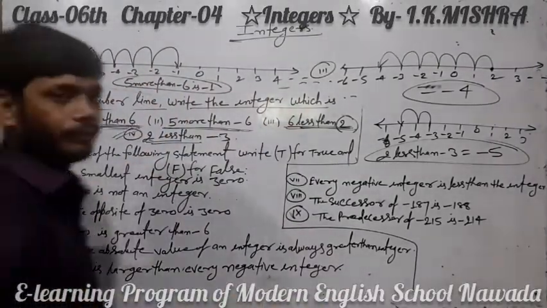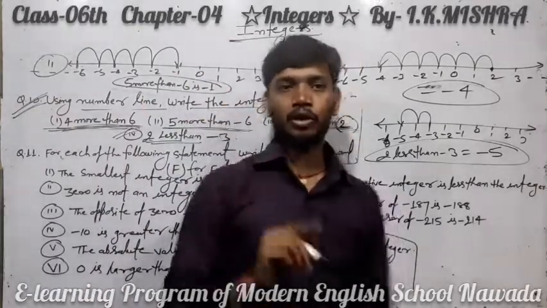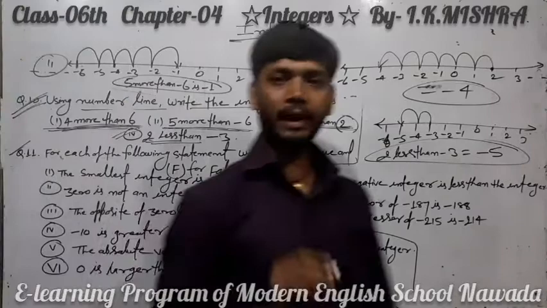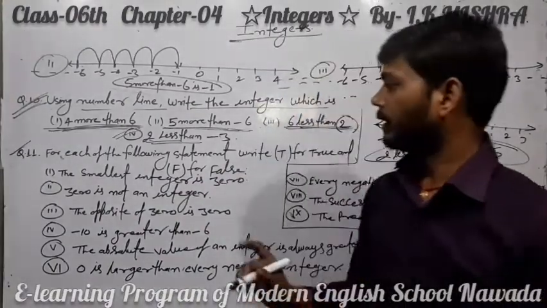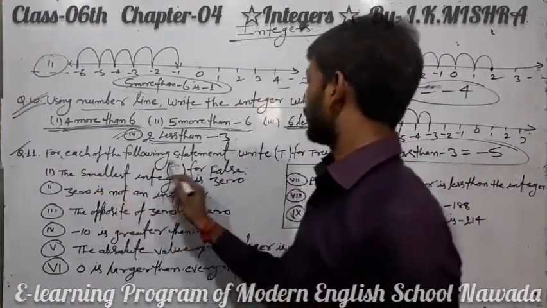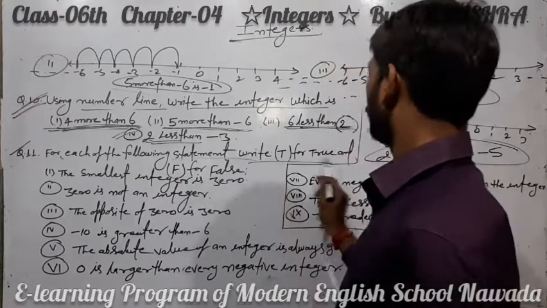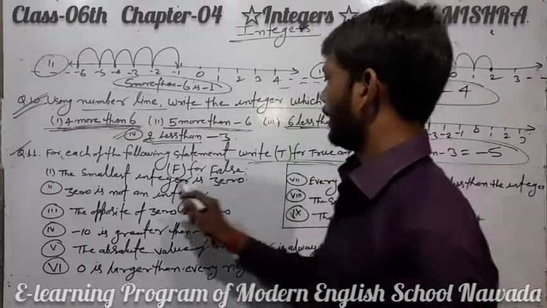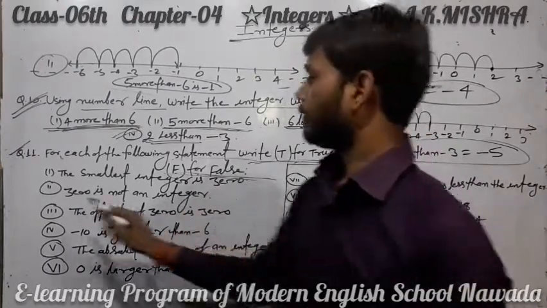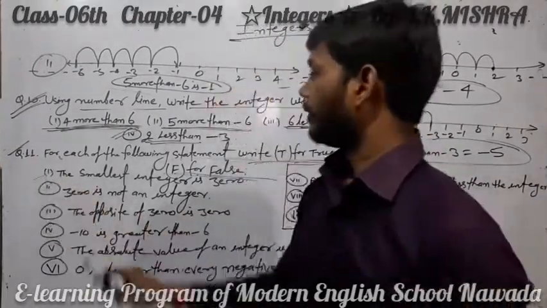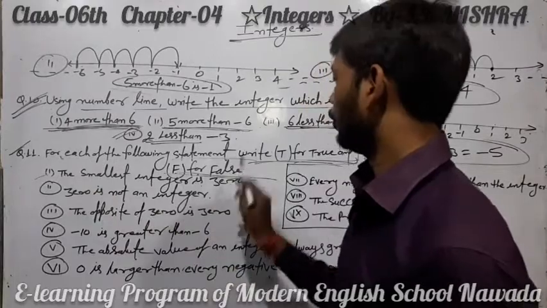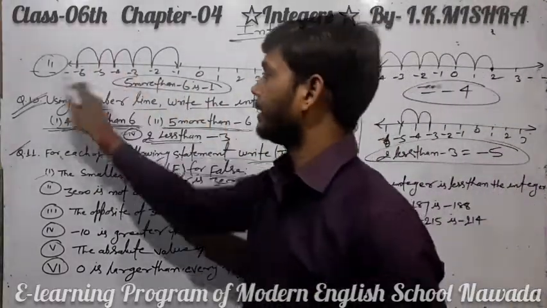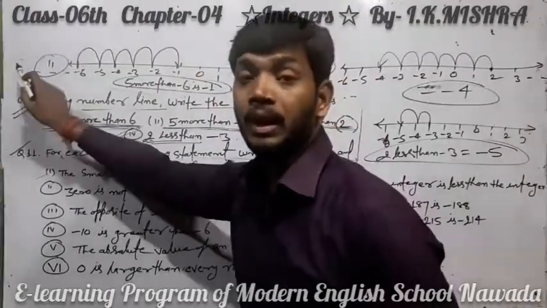After question number 10, in question number 11, students observe, for each of the following statements, write T for true and F for false. The first statement: the smallest integer is 0. Students, integers are shown on a number line.